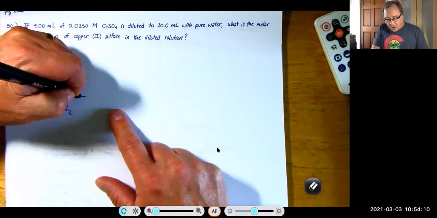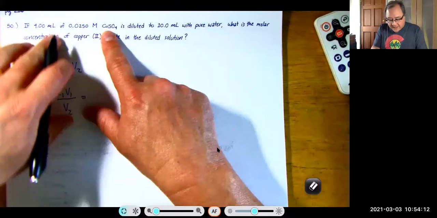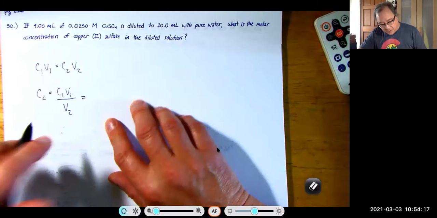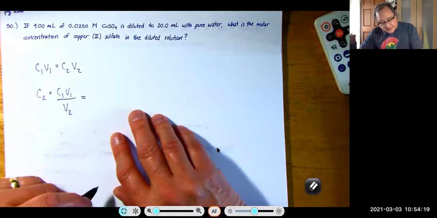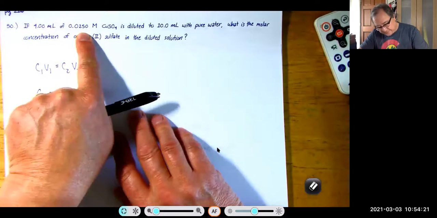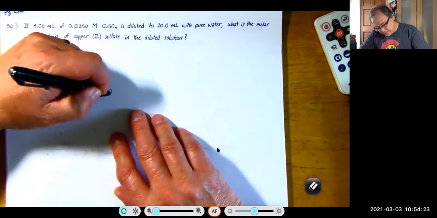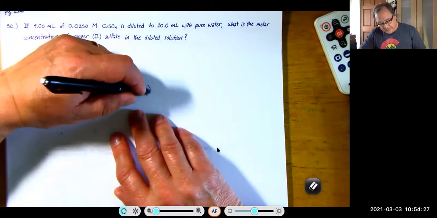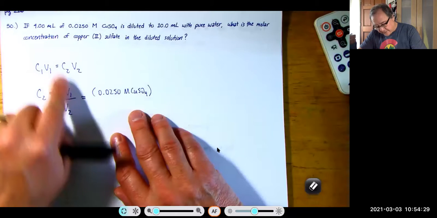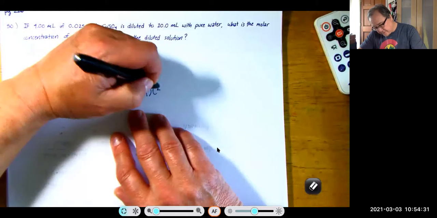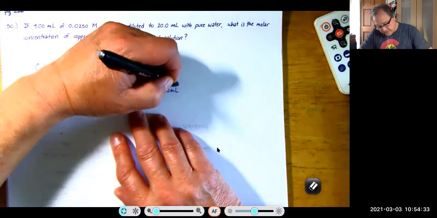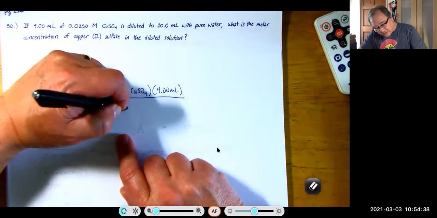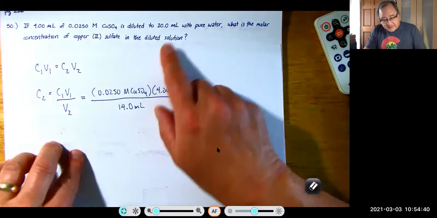And do you remember all of the conversions we had to do for all of this? Well, this is what's nice about this particular problem. I can take my C1 here. I can take my V1 here. I can take my V2, which is 14.0 milliliters, not 10.